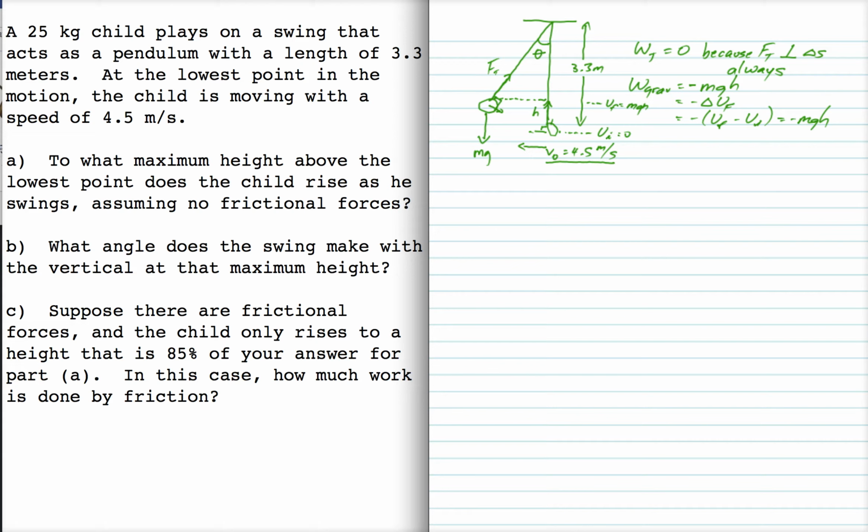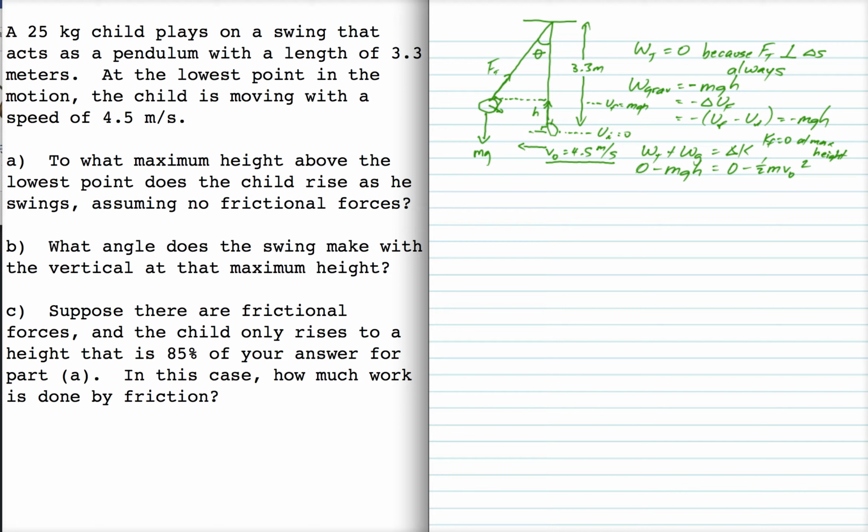Alright, well, that's it. We've calculated the work done by each force in the problem, so now we set up the work energy theorem. We say the work done by tension plus the work done by gravity is equal to the change in kinetic energy. So minus mgh is equal to 0 minus 1/2 m v0 squared. Now, Kf is 0 at max height.